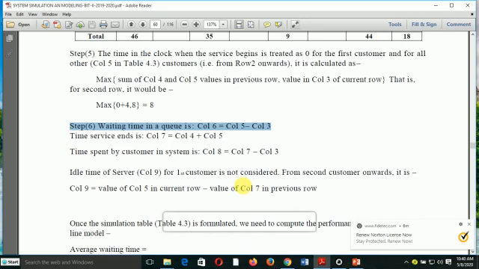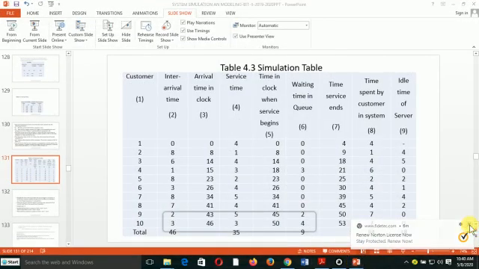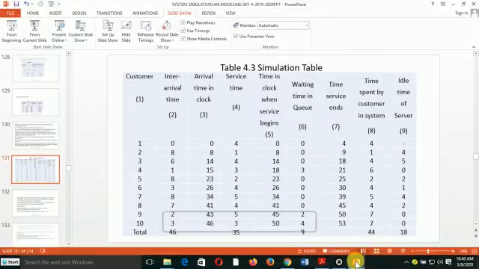Then time spent by the customer in the system is column 7. Column 7 is the time when the service ends.